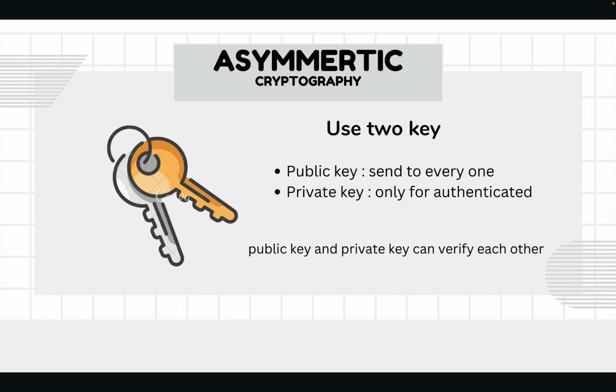So we can summarize that it uses two keys, the public key and the private key. The public key is sent to everyone, and the private key is only for authenticated people, such as the sender or the owner of the public key. So the public key and the private key used in asymmetric cryptography can verify each other, that is, whether they are part of the same pair or not.